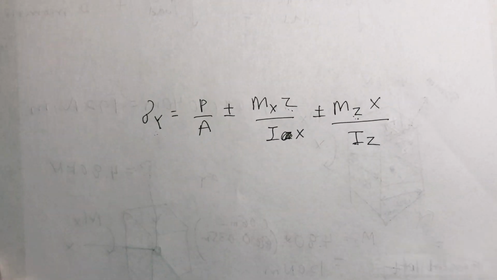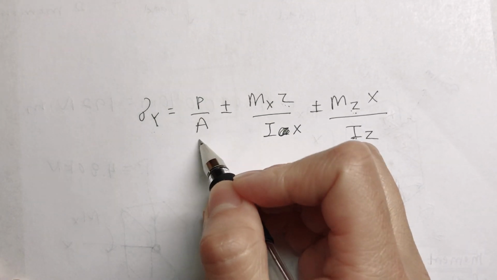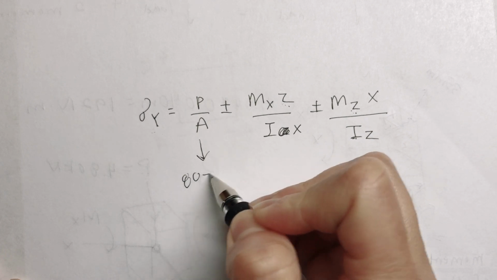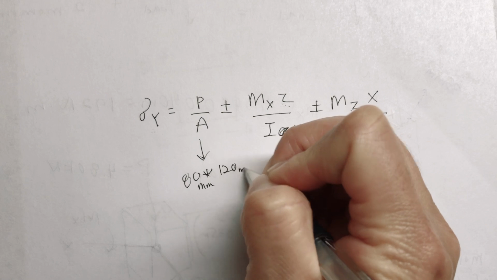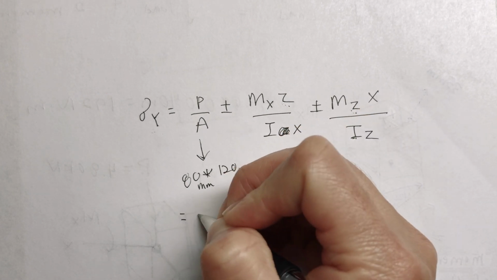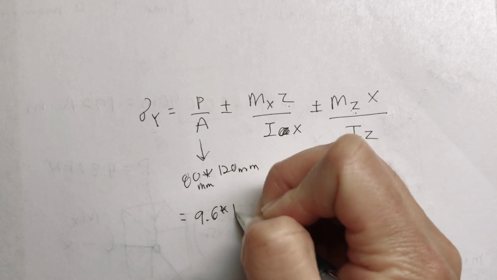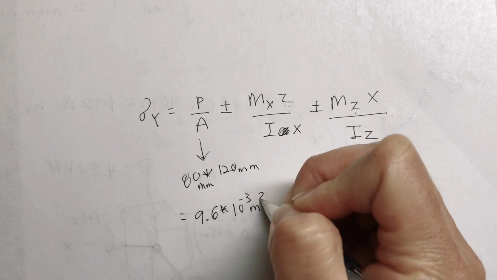Again, we're trying to find all the values for these. So A is 80 millimeters times 120 millimeters, which equals 9.6 times 10 to the negative 3 meters squared.